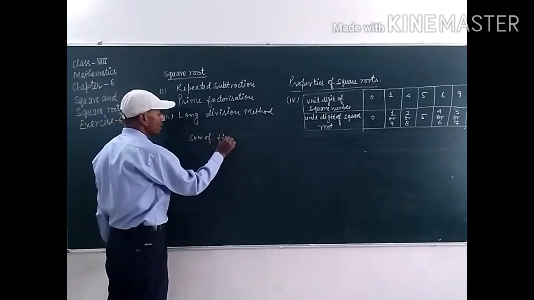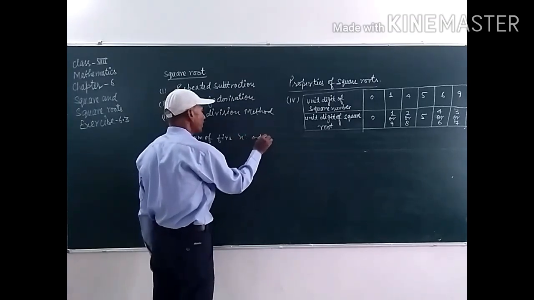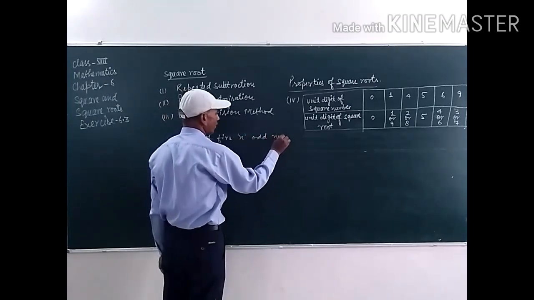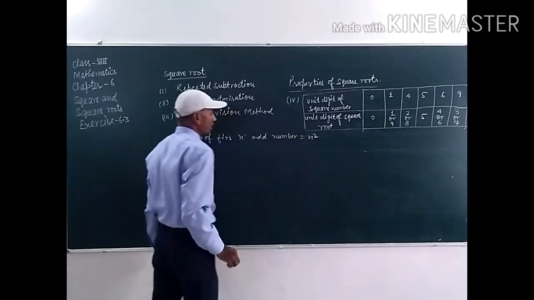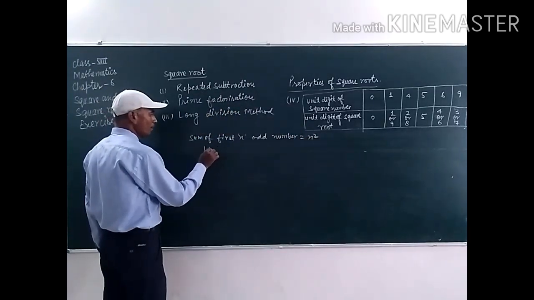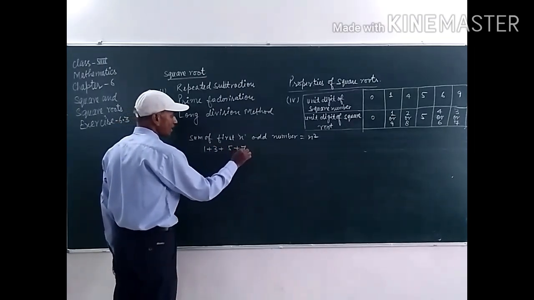In the property of square numbers, we know that the sum of the first n odd numbers is equal to n square. So, 1 plus 3 plus 5 plus 7.